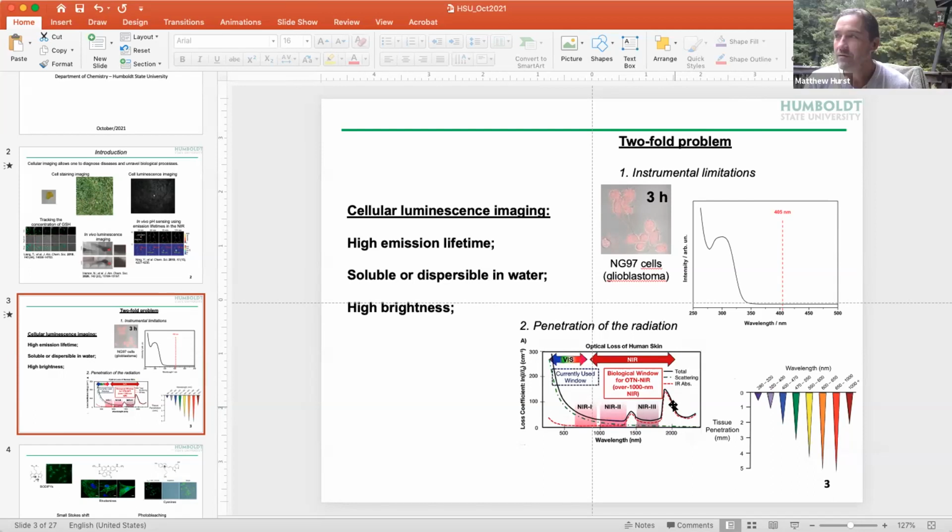And then my other question was, so you excite your complex at say 300 or so, and then you get emission at 400 to 500 in the visible range, but then you get another set of peaks in the infrared.